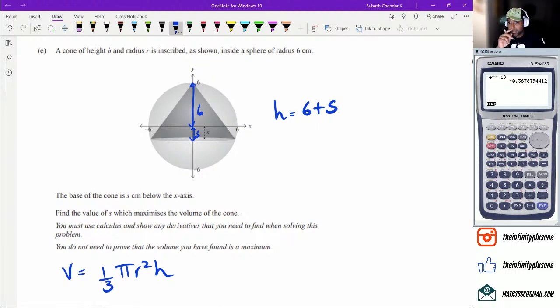So the radius, and I think this is the part where you guys need to just be patient a little bit, all right? So what you've got here is a circle. Now this circle's equation is x squared plus y squared equals 6 squared. So if that's the case, then this point right here, we actually need to figure out what that point is.